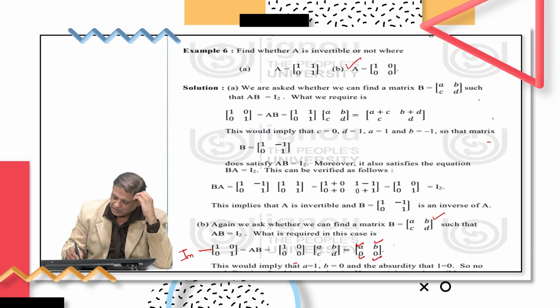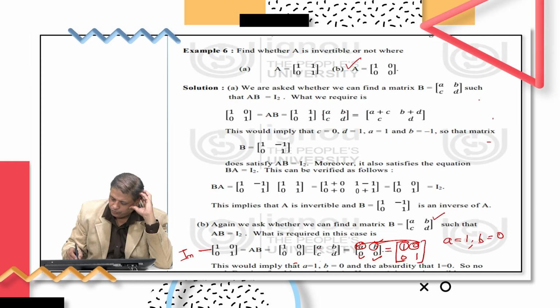Now the observation is, after comparing the values with the identity matrix, which is 1, 0, 0, 1, you will see that the value of a turns out to be 1, and b turns out to be 0.